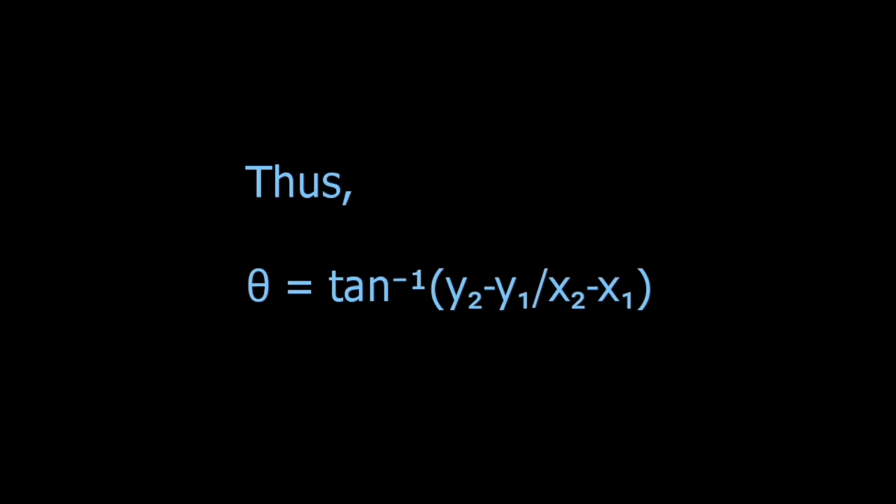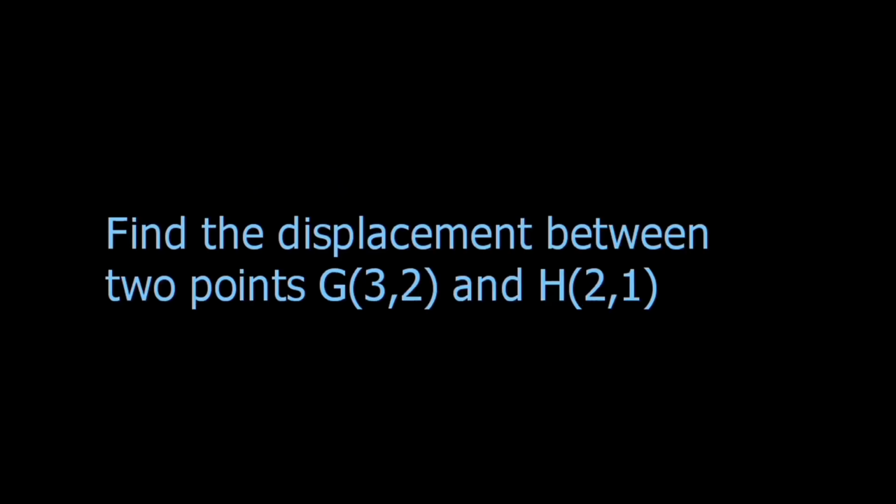To obtain the angle theta between the 2 points, all we need to do is take the arctan of the ratio between y2 minus y1 and x2 minus x1.